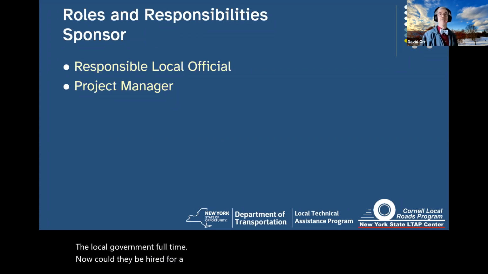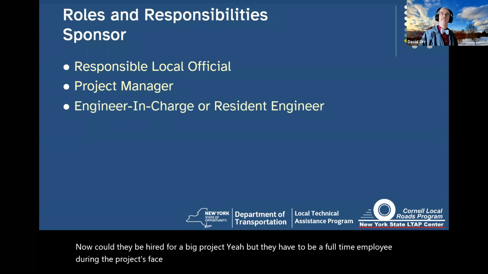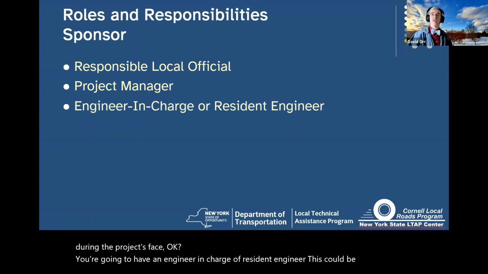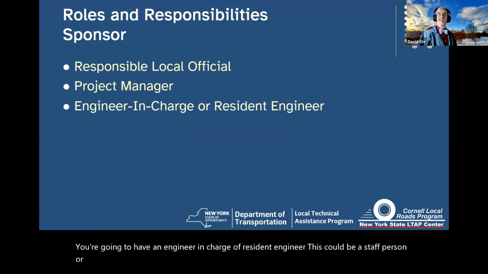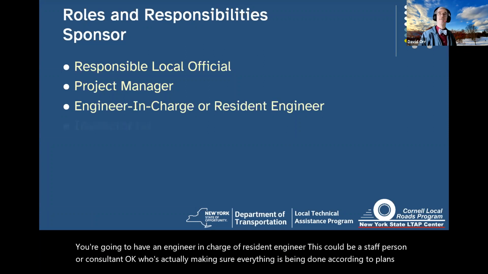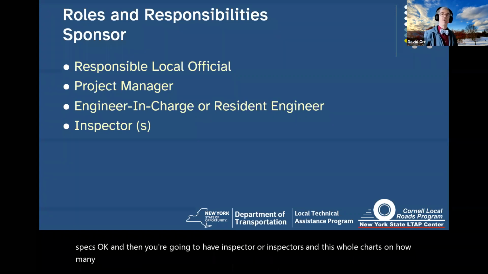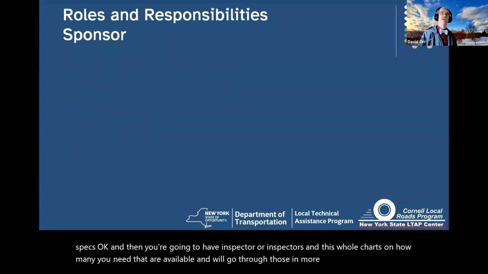Yeah, but they have to be a full-time employee during the project's phase. You're going to have an engineer in charge, a resident engineer. This could be a staff person or consultant, who's actually making sure everything's being done according to plans and specs. And then you're going to have an inspector or inspectors, and there are whole charts on how many you need that are available, and we'll go through those in more detail at the workshop.